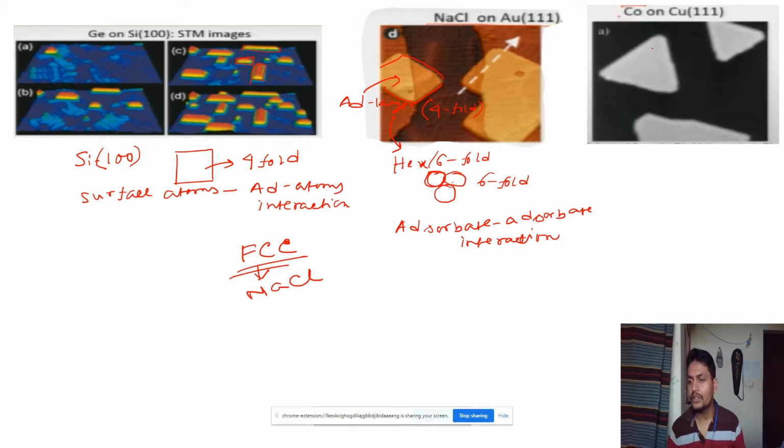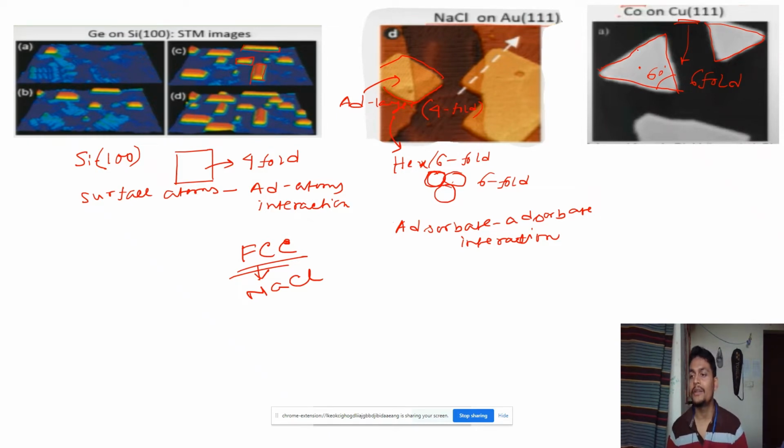Let's go back to the third option, that is cobalt on Cu(111). Practically you can see this is a triangular shape, and the triangular shape is nothing but the implementation of the surface, because the surface is 111. The surface also has six-fold symmetry, because this angle is 60 degrees. So the adatom layer also has six-fold symmetry like the surface.